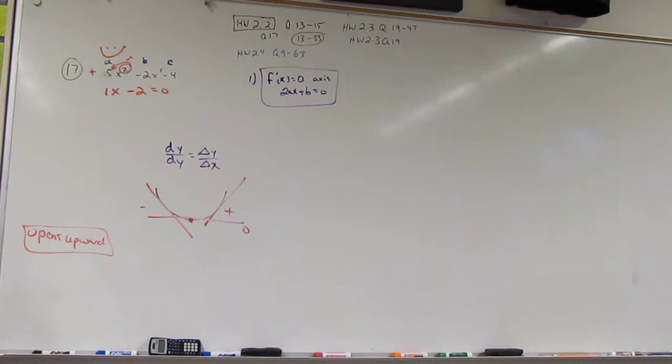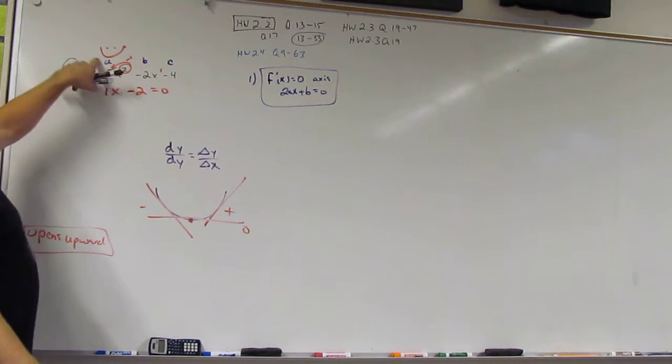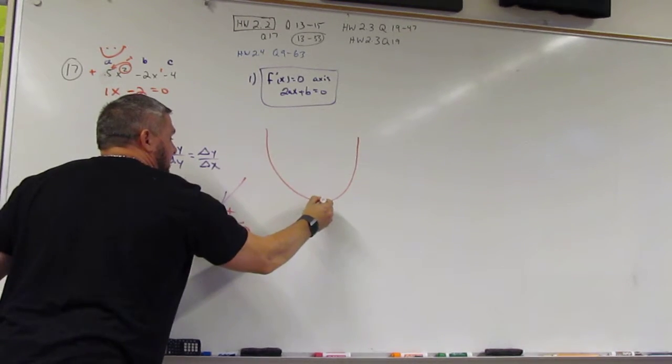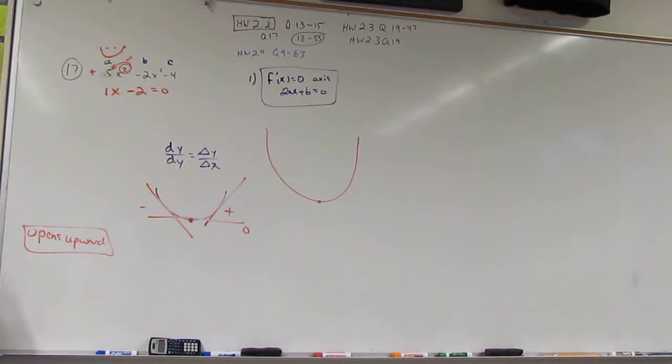There's going to be a point at which you have a slope of negative or a slope of positive. At some point, that slope is going to become 0. Do you see that? At some point, before it goes back up, it's got to be at 0. That 0 slope is going to be at the lowest part of this graph. So wherever this thing comes down and gets that last point, that's when the slope is 0.